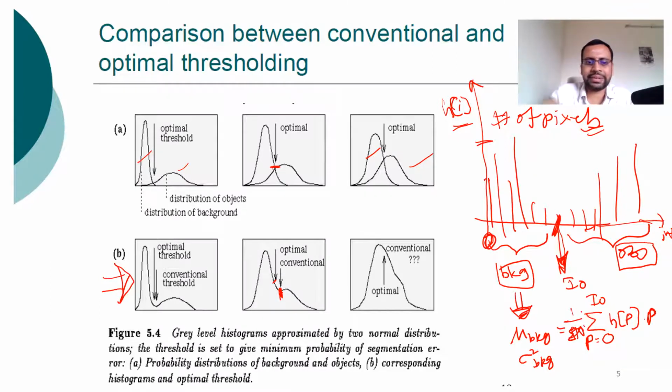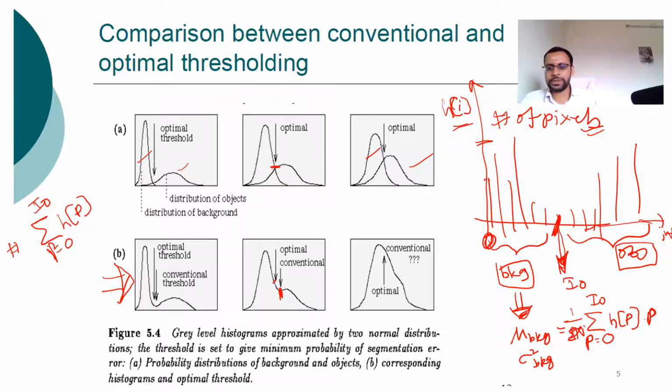So how do I get the number of pixels? H of P till I0, sir. P is varying from 0 to I0. Very good. You are just going to count there. That will give you the mean value, right?